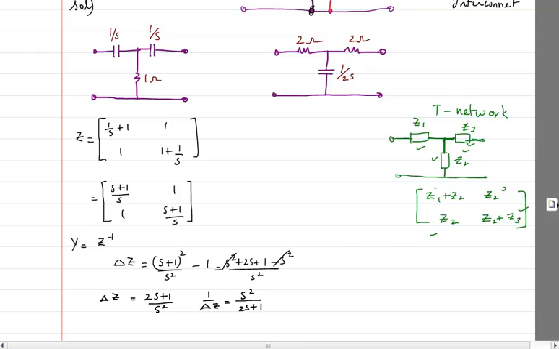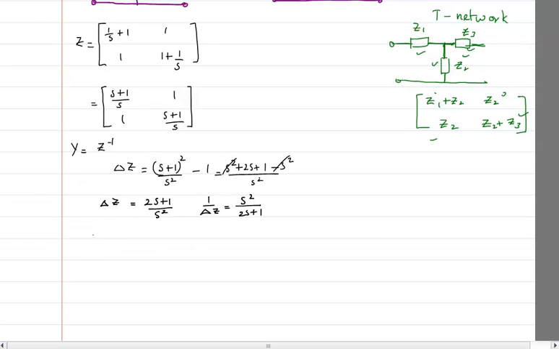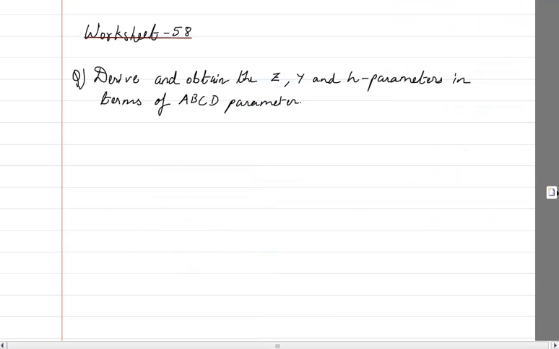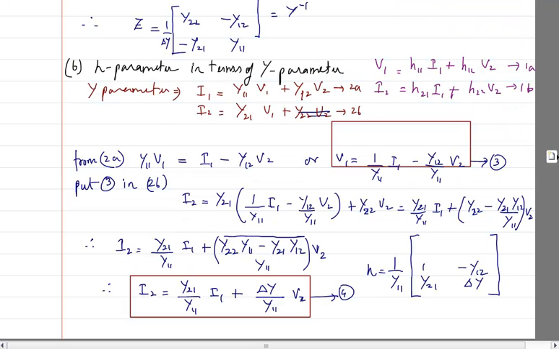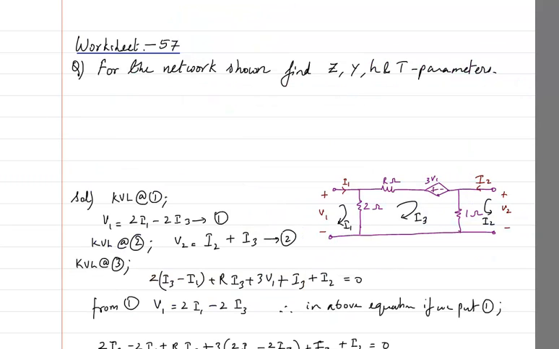From where now y is z inverse, therefore I can write the y for this one as, you all know the equation, 1 by delta z, and interchanging it is z22 and z11, and this is going to be minus z12 and this is going to be minus z21. And where did I get this? I got this from the interconnection.